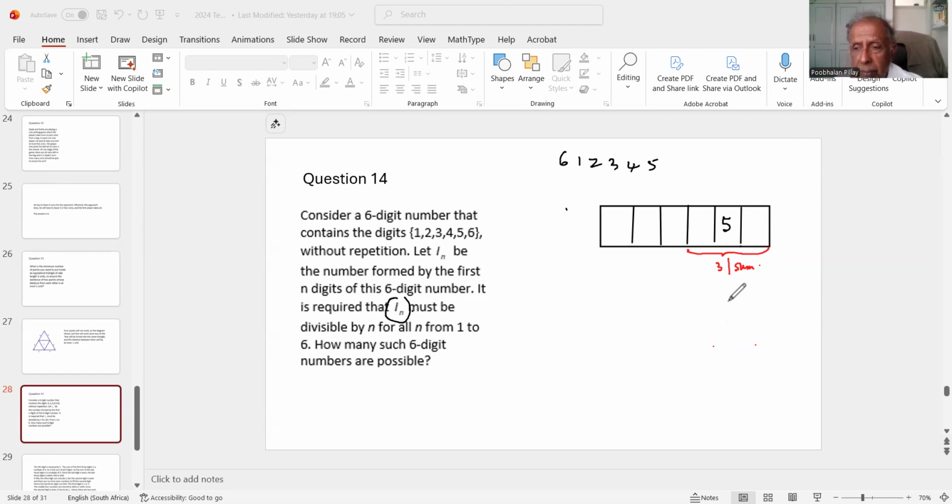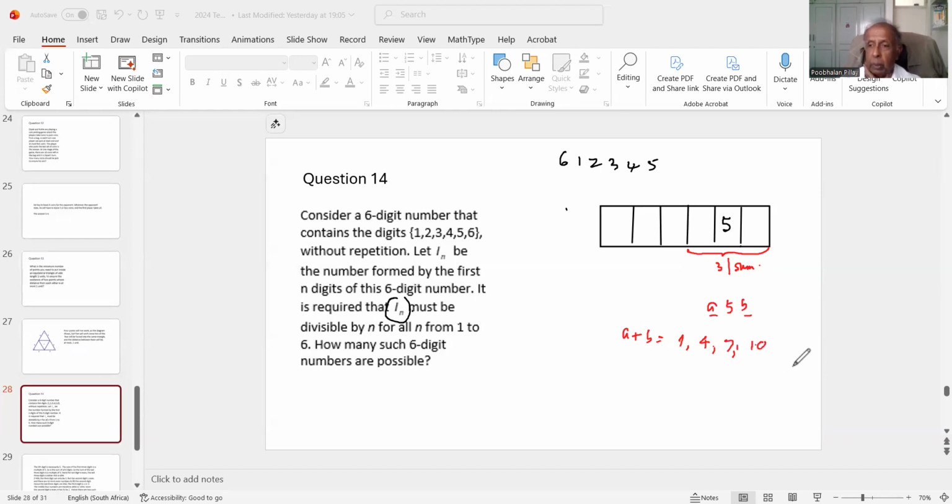Okay, I got the middle number is 5. And I got that the sum of these 2 digits, let's call them A and B, A plus B, can be, now 5 plus 1 is a multiple of 3, or 5 plus 4 is 9, 5 plus 7 is 12, and 5 plus 10 is 15.